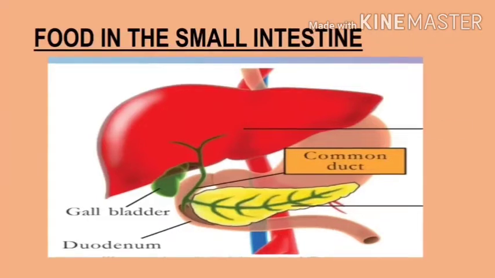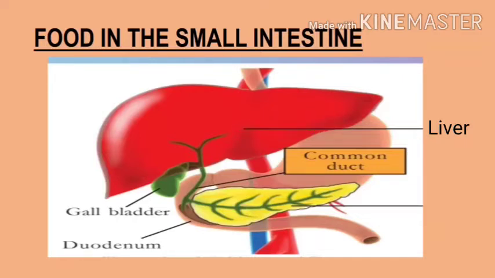You can see a mushroom-shaped organ which is known as the largest gland in our body, and that is the liver. And it is the only organ which is able to regenerate.